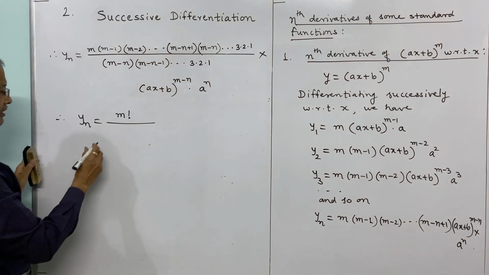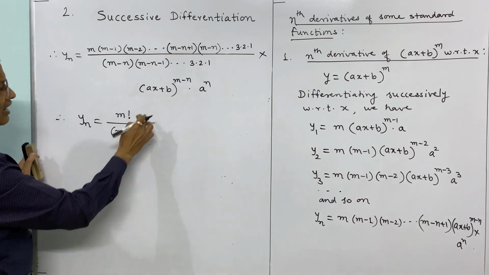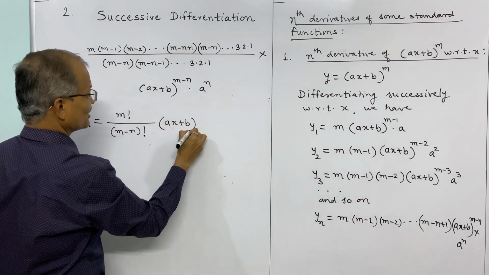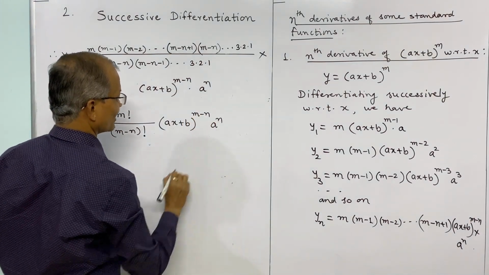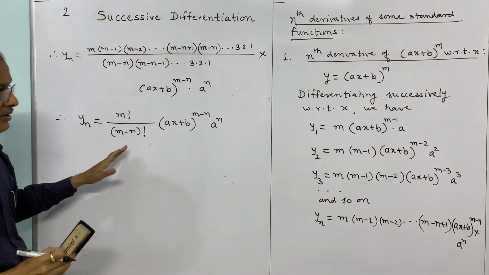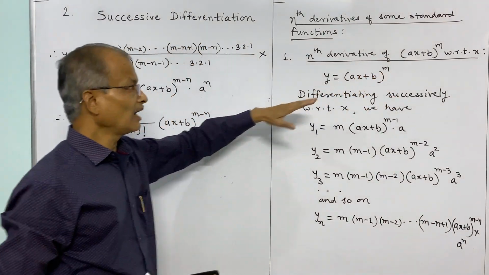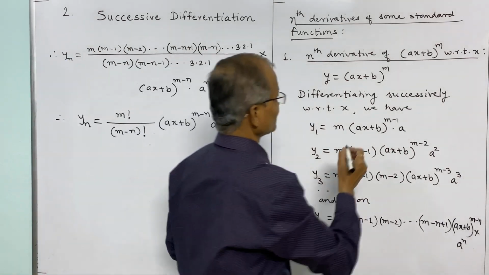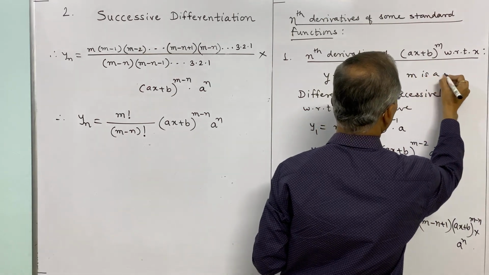So the denominator will be m minus n factorial, and this is the same, ax plus b to the power m minus n into a to the power n. So this is the nth derivative of the function ax plus b to the power m, and we have written it in this form where m is a positive integer.